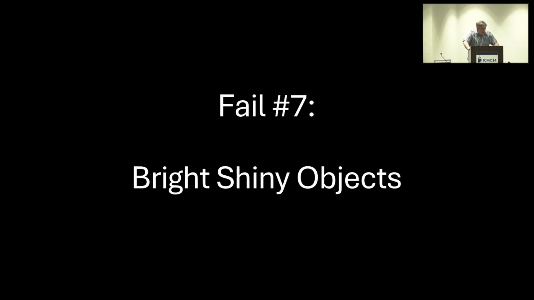And the final fail is bright, shiny objects, because we just spent the past 10 years fixated on blockchain fixing all our cryptographic problems. And 10 years later, has it solved any of them? We're not even using blockchain for the thing that it could do, which would be notarizing digital evidence. That's how much we failed there. I think there's a risk that we do the same thing with PQC.